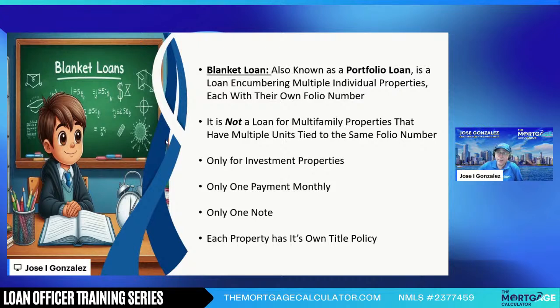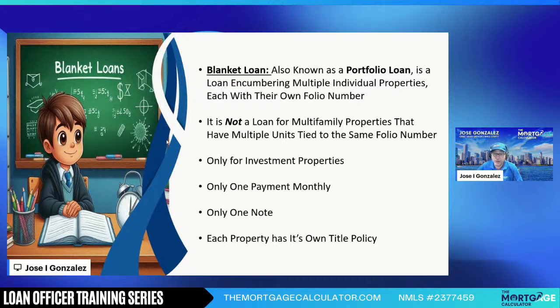When you do have the blanket loan, there is only one note, right? So there is only one monthly payment. And very important to note, each property has its own individual title policy, which do all come together to the loan.